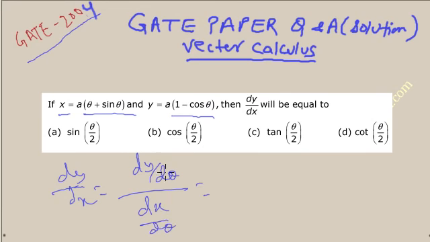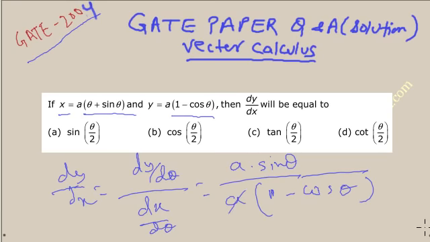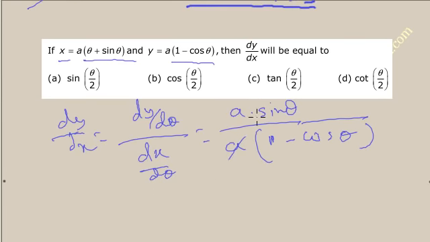So dy by d theta is a into sin theta, since the differentiation of minus cos theta is sin theta, divided by a into the differentiation of x with respect to theta, which is 1 minus cos theta. So a cancels, so this is equal to sin theta by 1 minus cos theta.